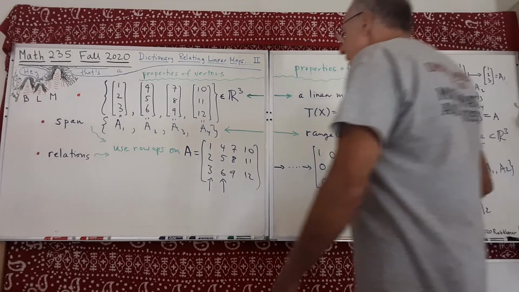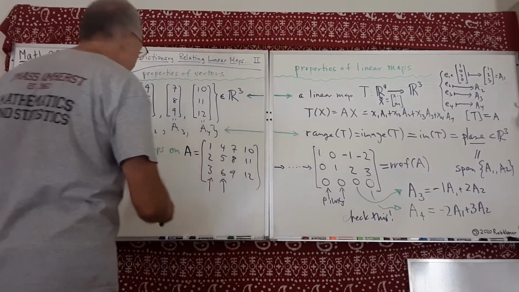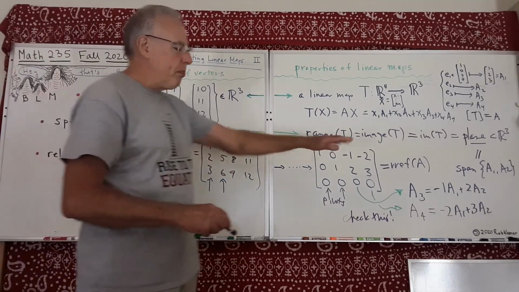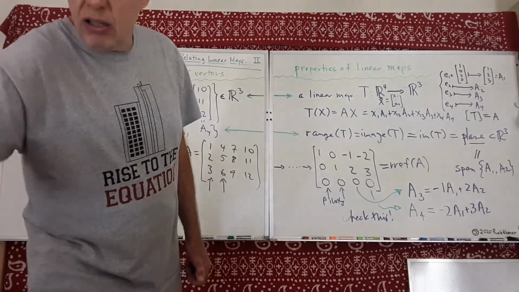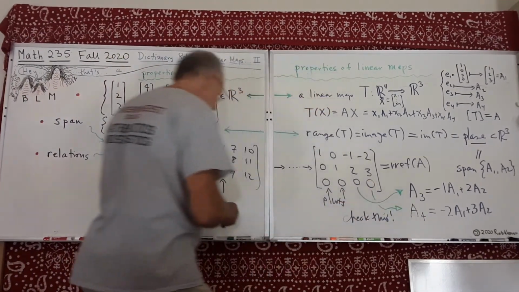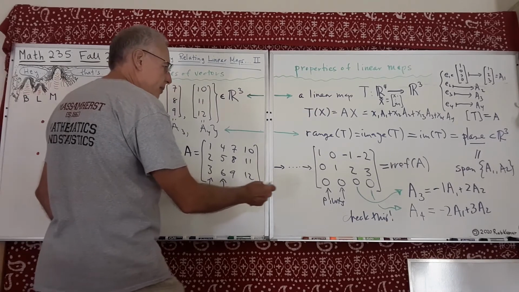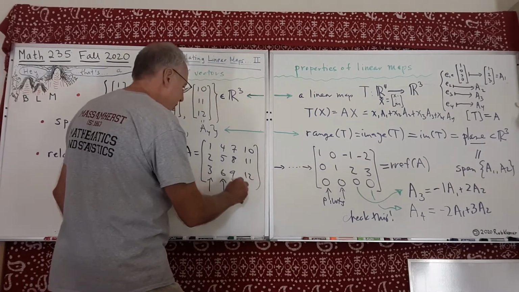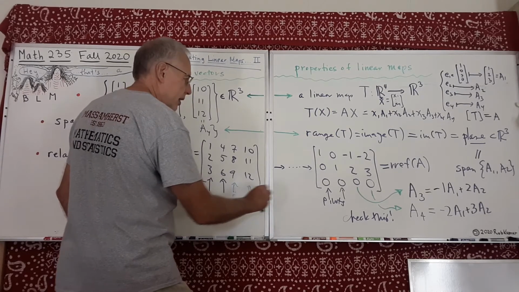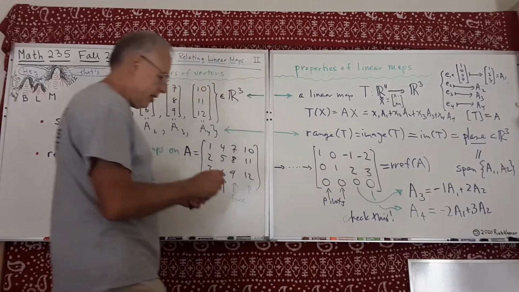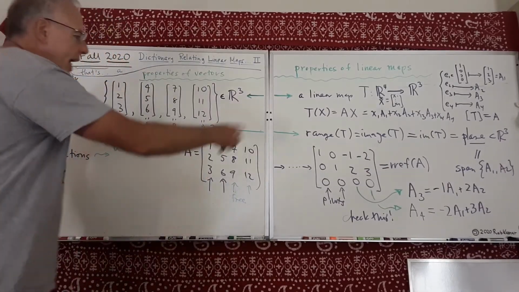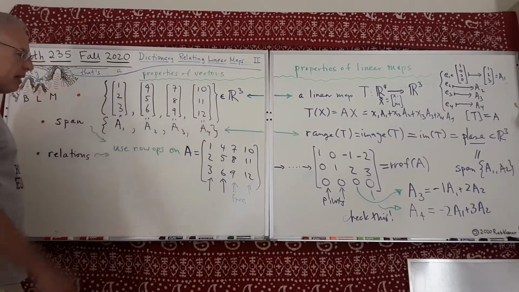We can actually write it different ways. We can actually get all linear relations. How do we get all linear relations? So these are two linear relations, but all linear relations would come from looking at the free variables. So these are the free variables here, corresponding to these things I did. Notice that the relations come from the free variables, and you could write out what all the linear relations might be.